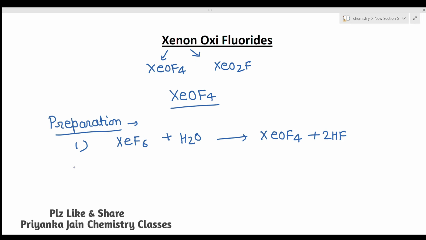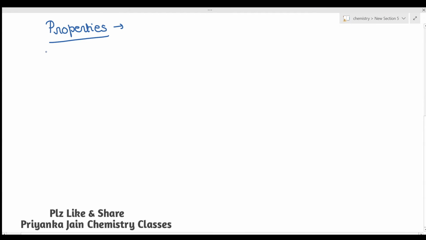Similarly, it can be prepared by the reaction of SiO2. If SiO2 is reacted with XeF6, then it forms 2XeOF4 plus SiF4. This is its preparation. Now see its properties.